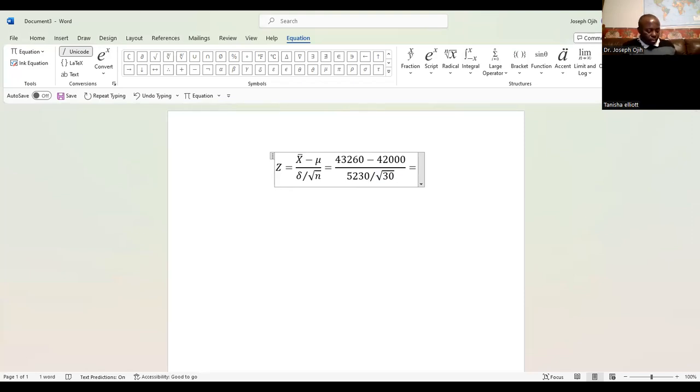So we got z equals 43,260 minus 42,000, divided by 5230 over root 30. Okay, let's put this in the calculator. We'll get the answer right away.